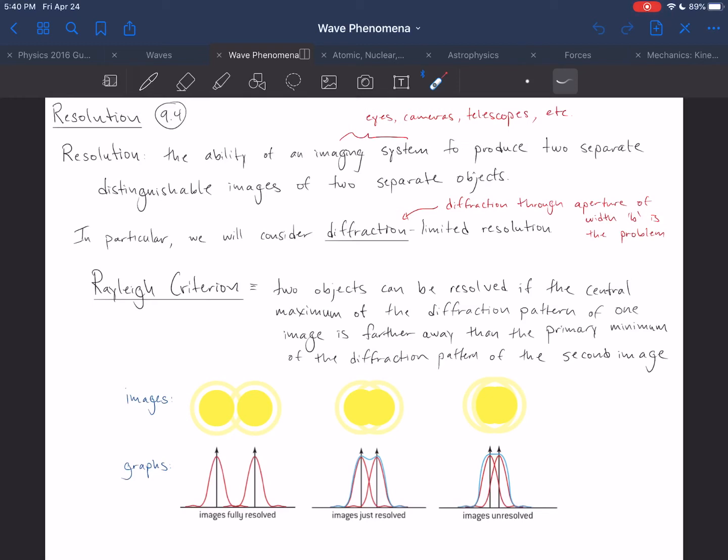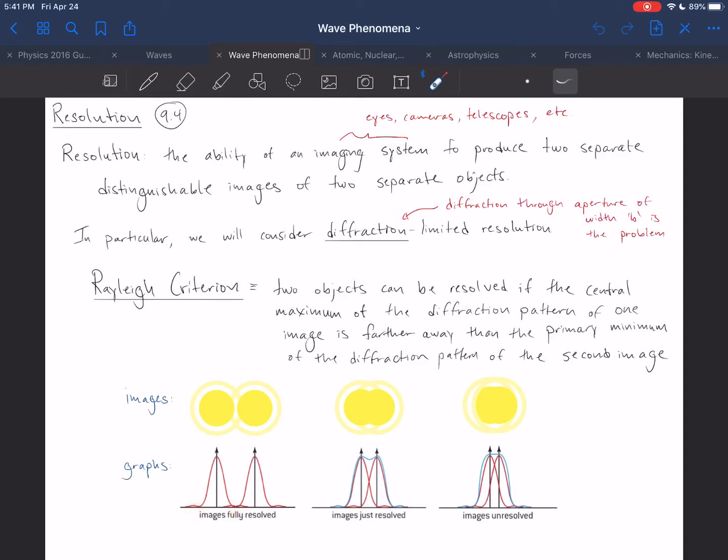So, a star, for example, might give you an image that looks like this. You'll recognize that this is a simplification of the single circular aperture diffraction pattern. And you can see that primary central maximum, a primary minimum, that gap in the middle, and then a secondary maximum right here.